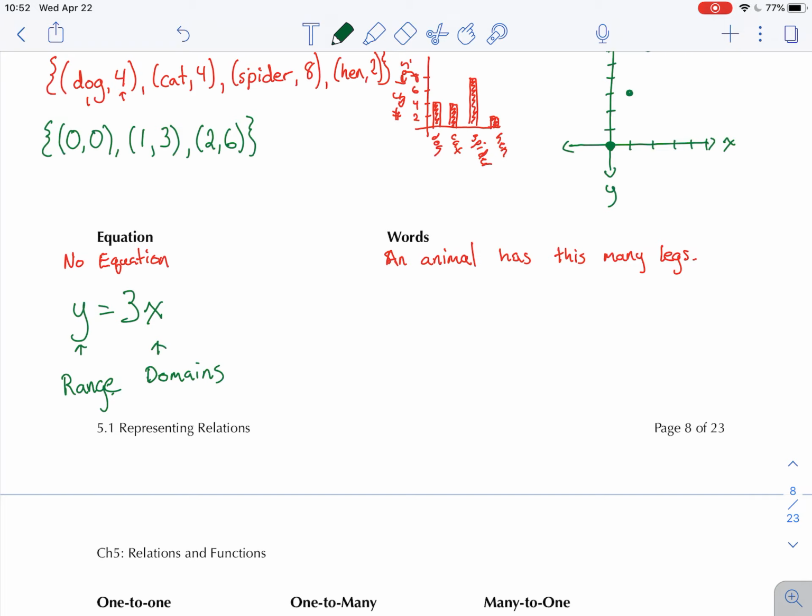So I take a domain value like 0, put it in for X, 3 times 0 is 0, and that's my new range value. And in words, we start with a number. And then we write out its triple.